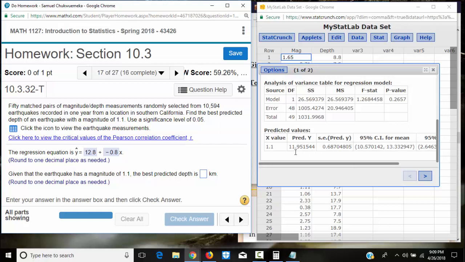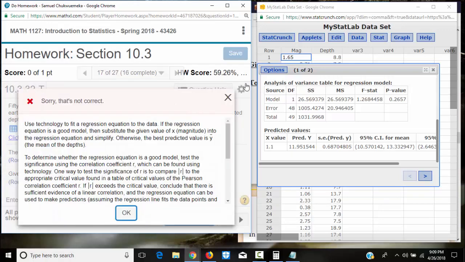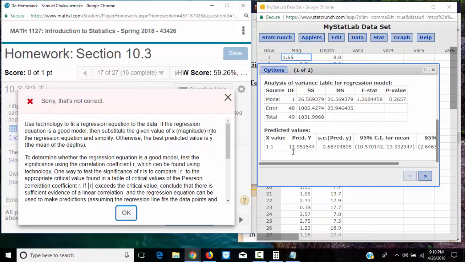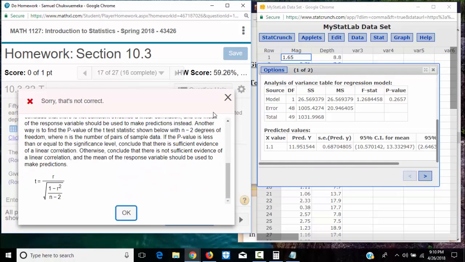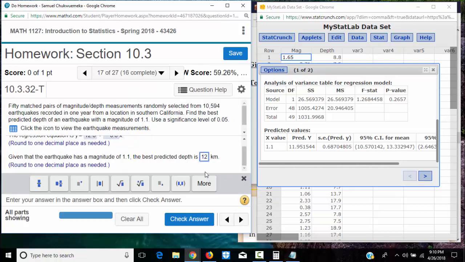Just put 12 or 12.0, it doesn't matter. Okay, let's try 12.0 kilometers.